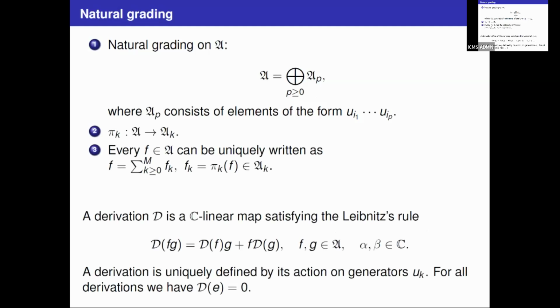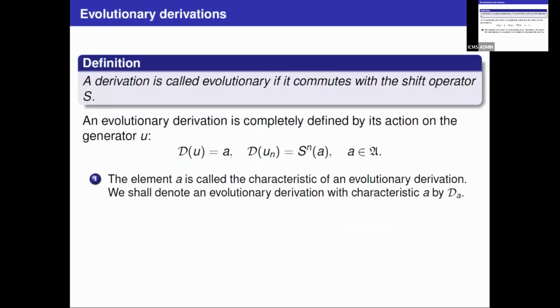So, clear. Next thing we will need is the notion of derivation. A derivation is a linear map satisfying the Leibniz rule, and in the case of non-abelian free algebras, every derivation is completely determined by its action on generators u_k. Probably the most important class of derivations for us is the so-called evolutionary derivations.